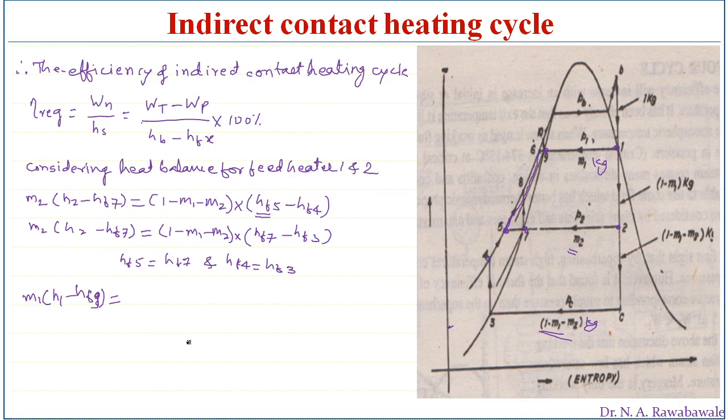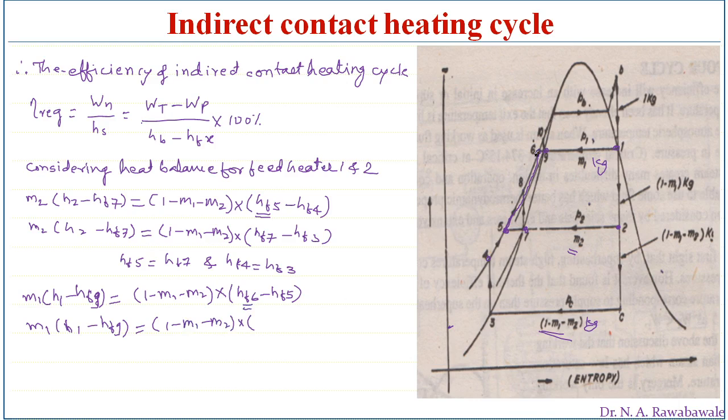So the mass of condensate is 1 minus M1 minus M2 kg, and it increases enthalpy from 0.5 to 6. So here HF6 minus HF5 we can write, and further we can write M1 into H1 minus HF9 is equal to 1 minus M1 minus M2 into HF6.